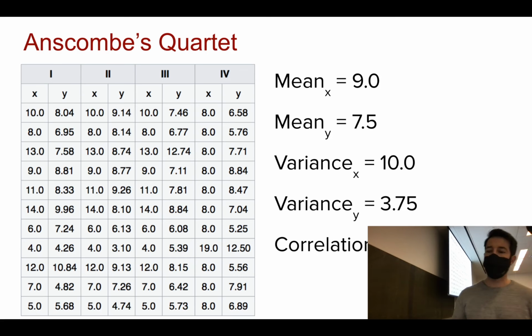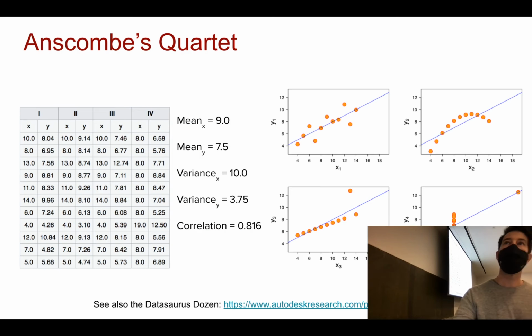Let's visualize it. Let's see what it looks like if we visualize the data. Now it's obvious that there are 4 pretty different data sets. Even though they have some of the same summary information, they're actually very different.